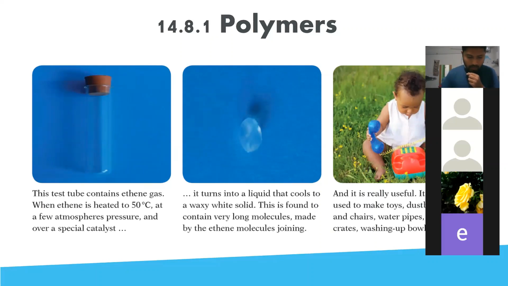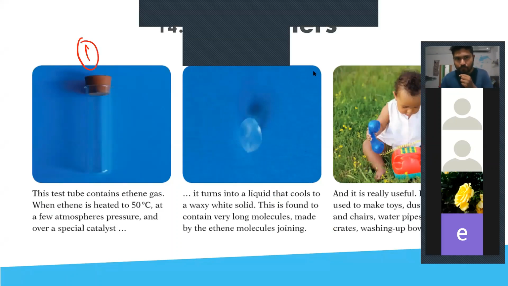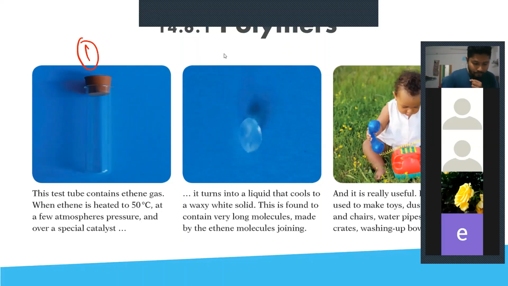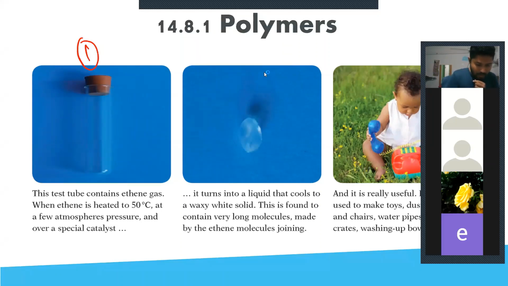Okay. So as you can see from these pictures, the first one is mentioned as this test tube. There's a test tube containing ethene gas.